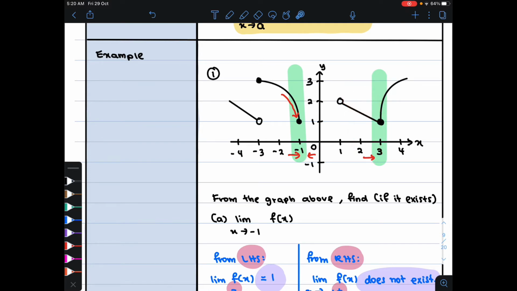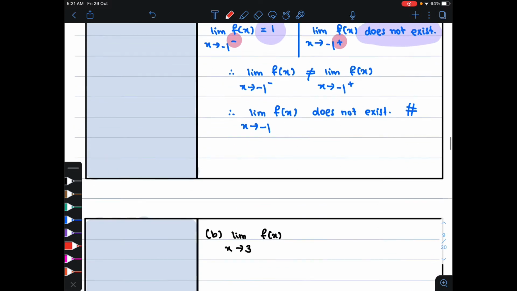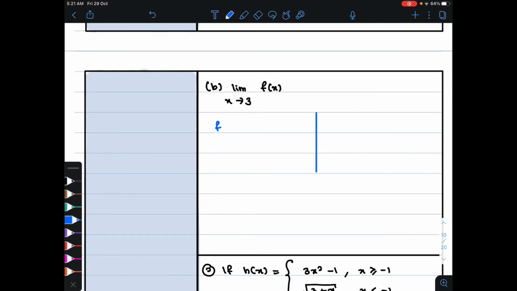And as it approaches x equal to 3, the value of y is 1. So you can write down from the left hand side, the limit of f(x) as x approaching 3⁻ is equal to 1. This is negative because this is the left hand side.